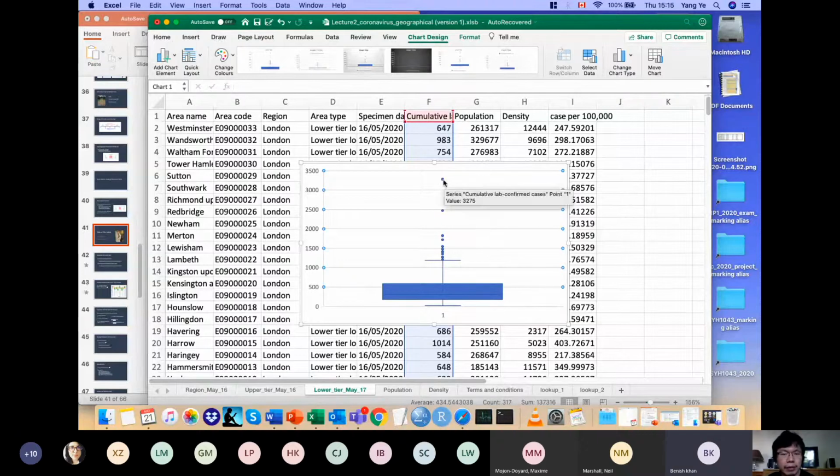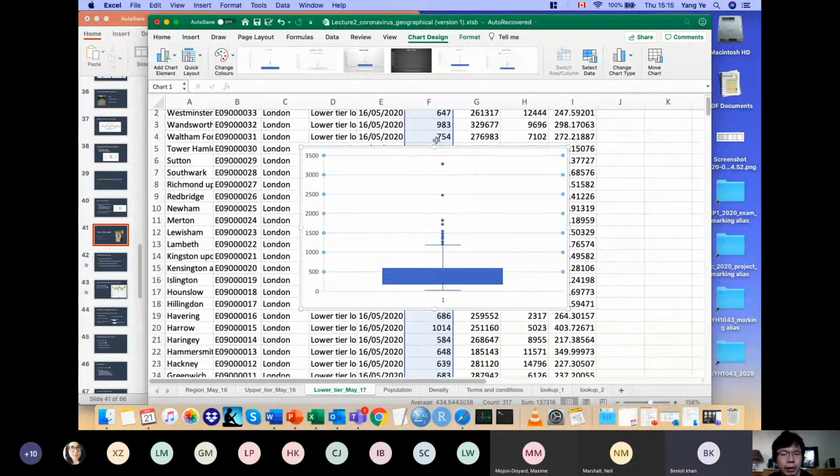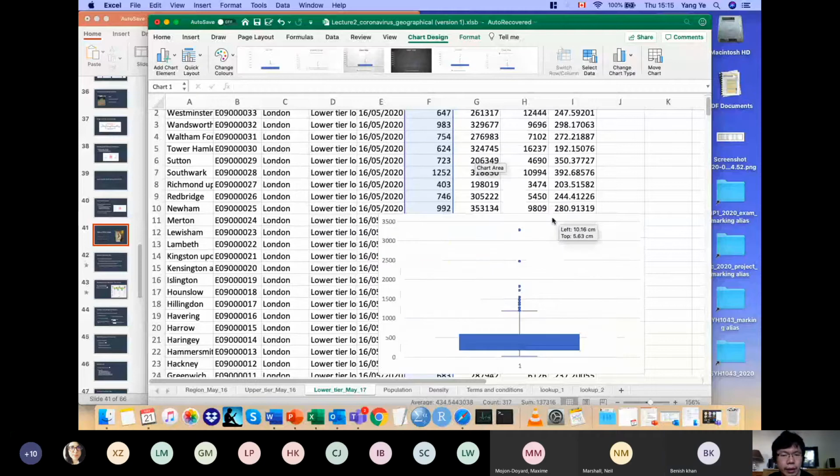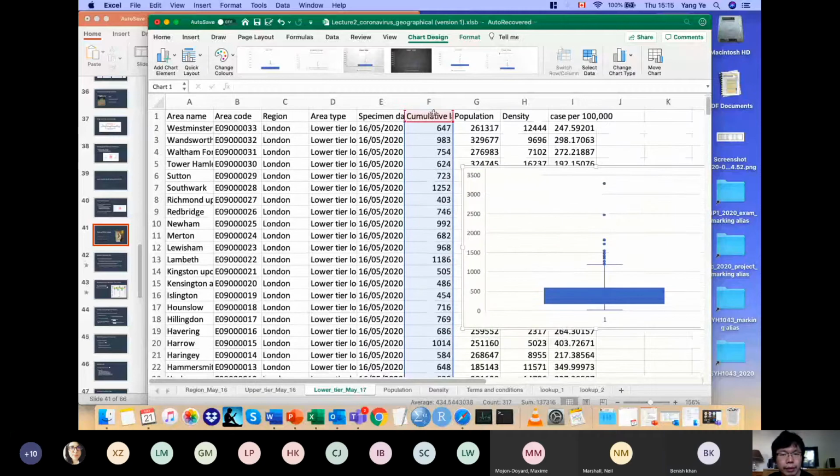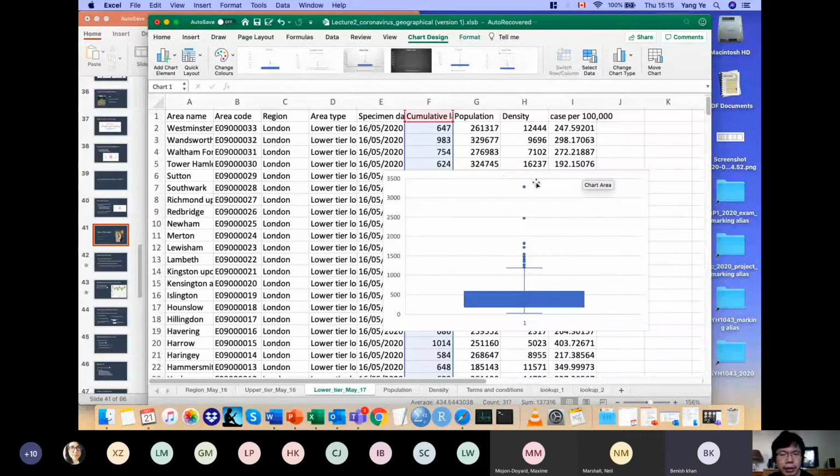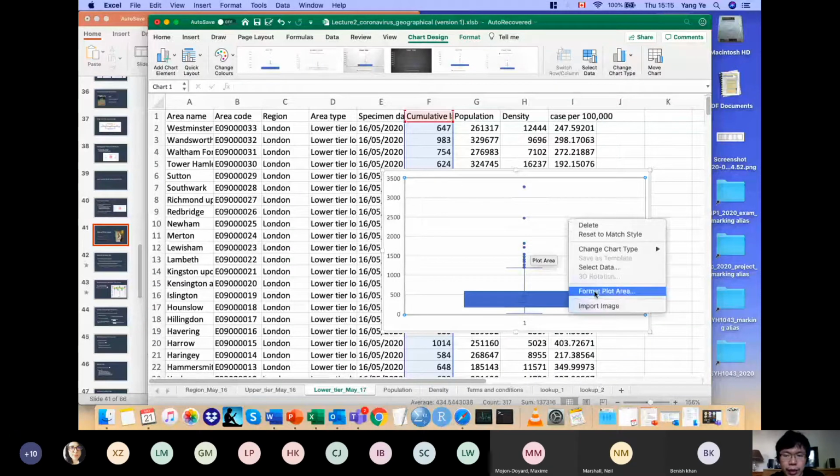There's one local authority that has an exceptionally high value of virus. Not sure if that's real, but we can see some outliers here. You can identify those outliers later if you just want to figure out what's going on in those places.